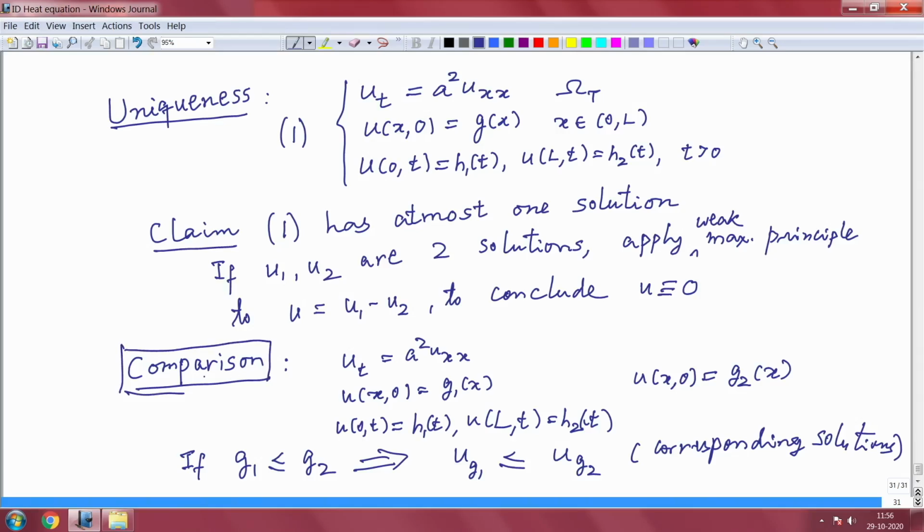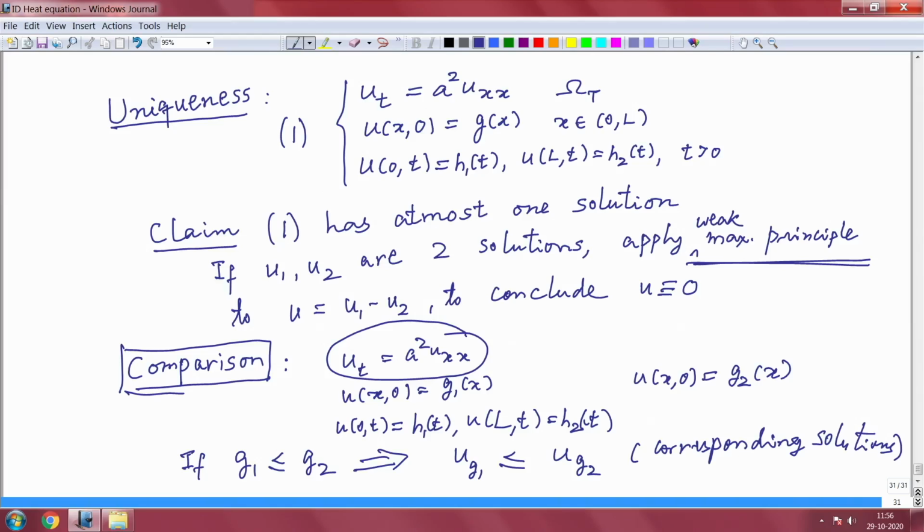They all follow from either the weak maximum principle or the weak minimum principle. We can also consider the inequalities in the equation. Okay, that is also possible, because inequalities are allowed in the statement of the theorem. So, there are many more interesting results.